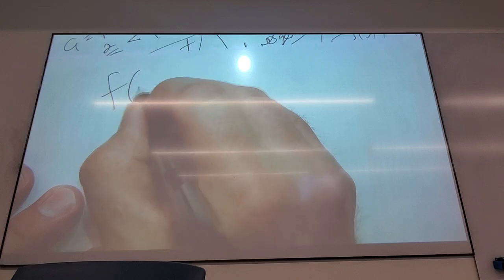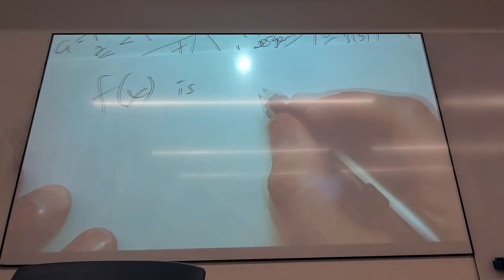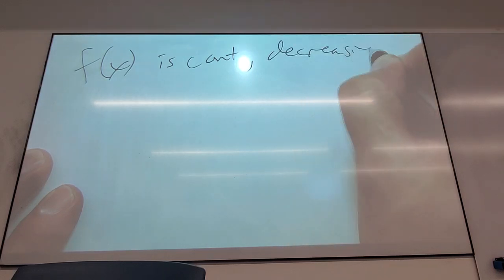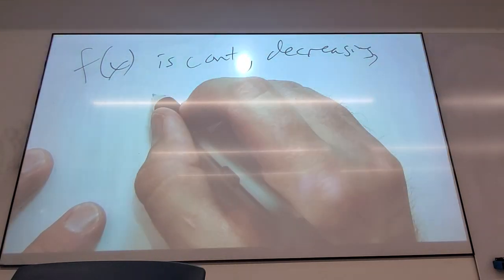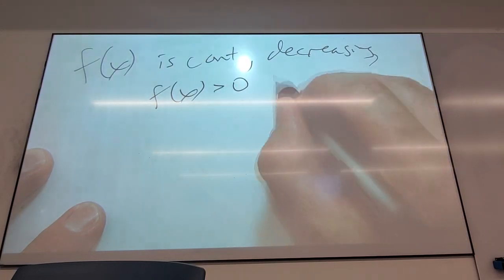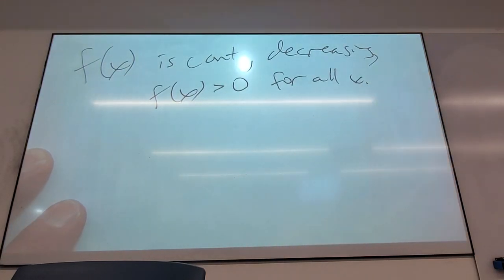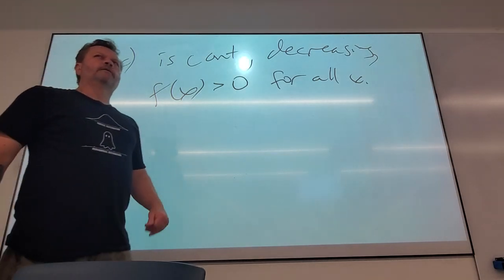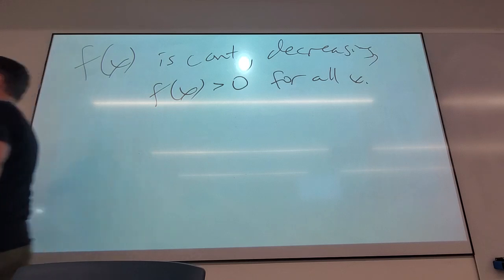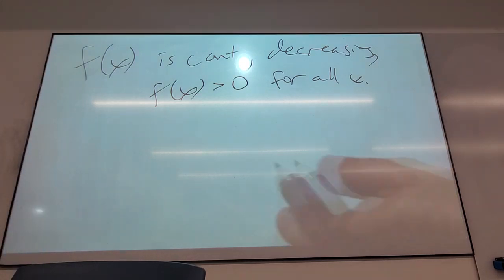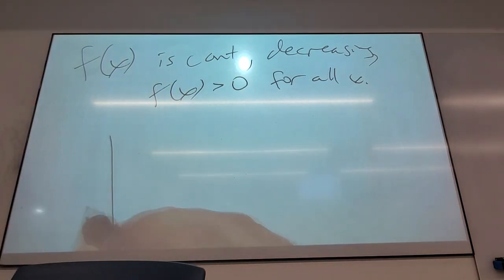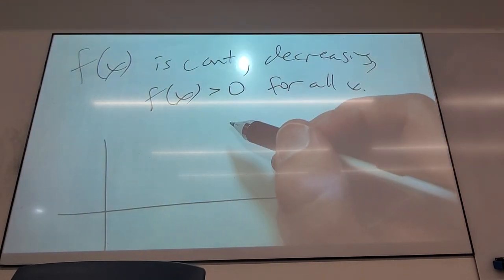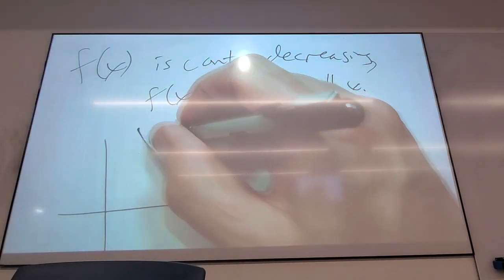So if I have a function that meets the requirements, it's continuous, it's decreasing, and it's positive, I can kind of represent that like this. Is that cool?